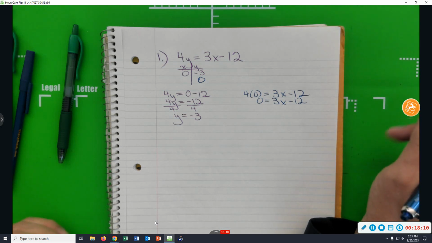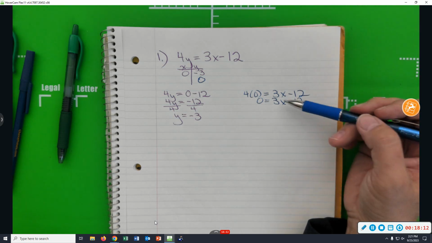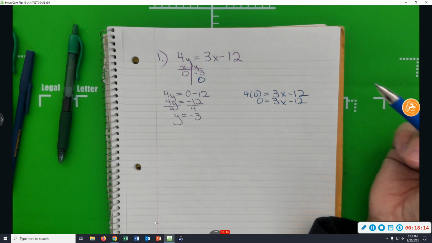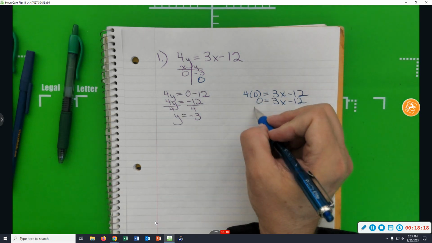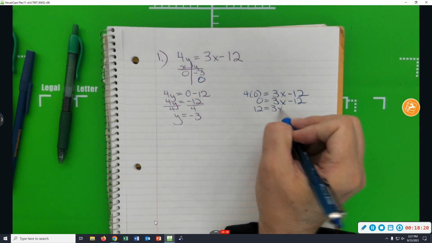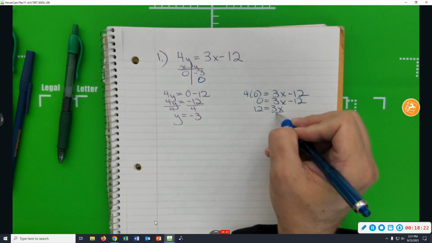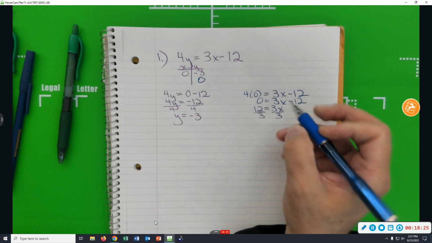Before we divide by 3, I think I would get that 3x by itself by doing what? Add 12. So we have a positive 12 equals 3x, and then dividing by 3, what are we getting for x?